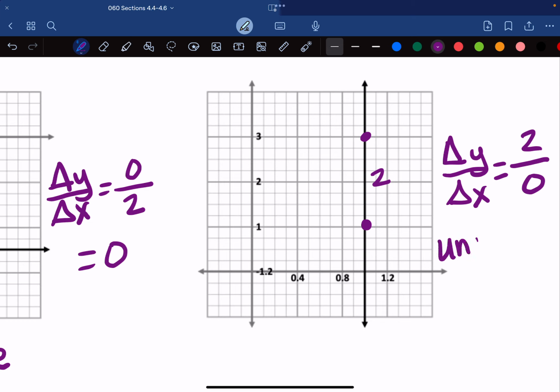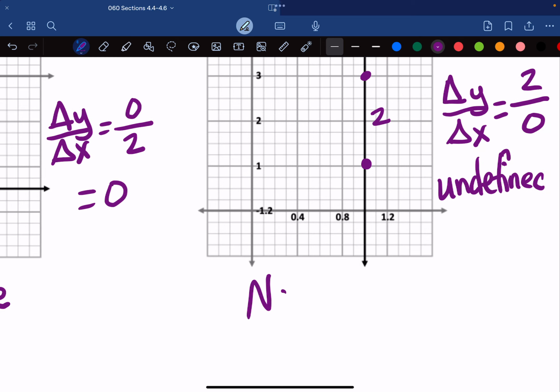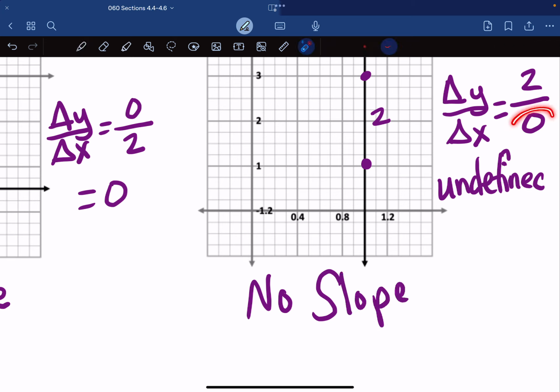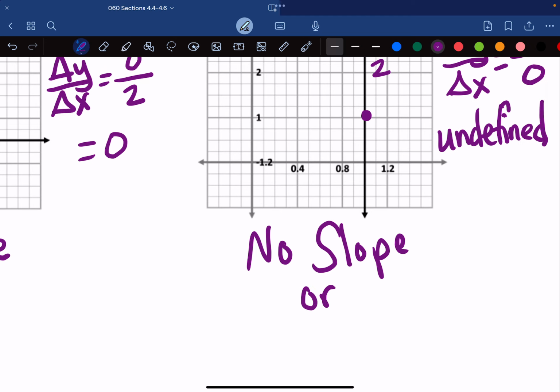You can't divide by 0. And so this actually has no slope, because I can't divide by 0, so I'm not going to get a number here when I try to divide by 0. Sometimes you might actually see this written as an undefined slope as well.